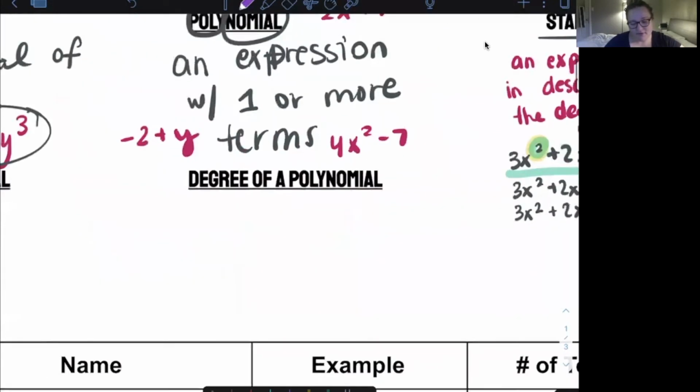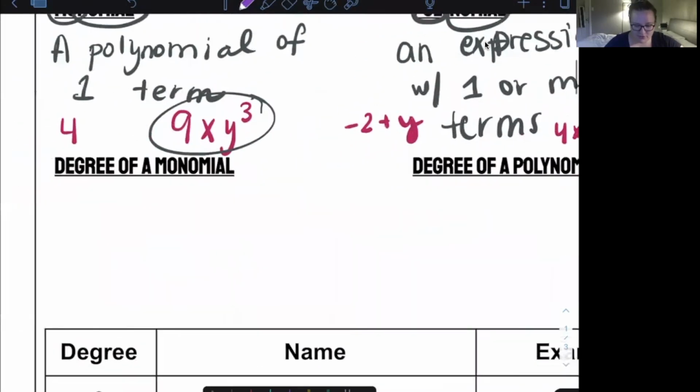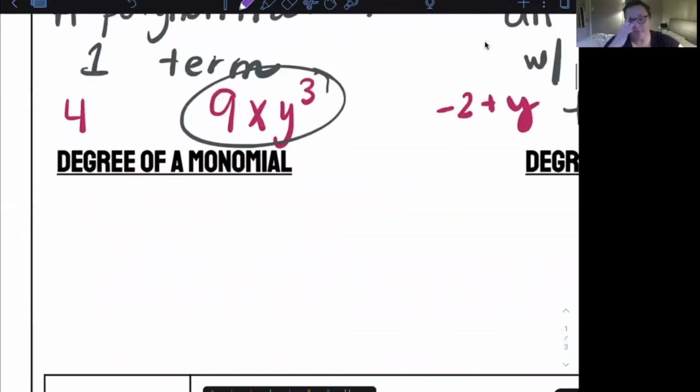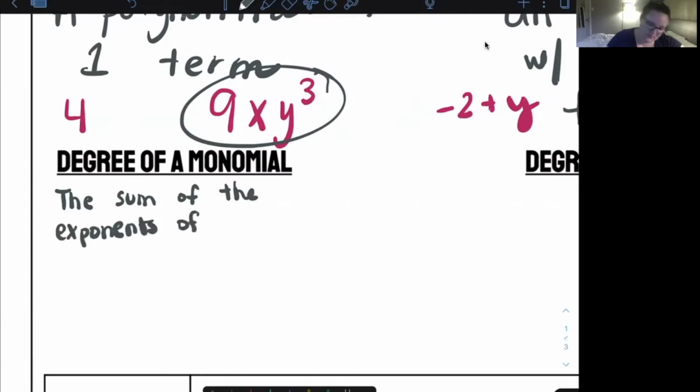So when I talk about degree, I know I just used that word a bunch without really telling you what it is, but the degree of a monomial is the sum of the exponents of each variable.